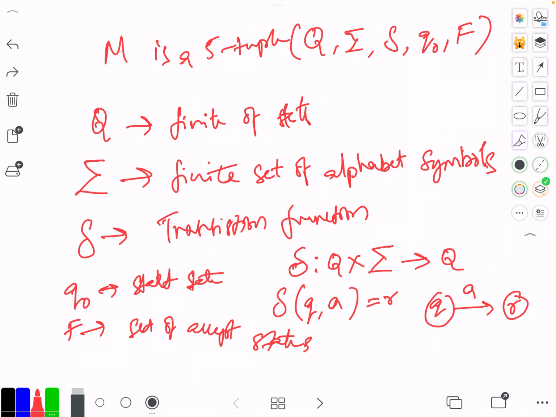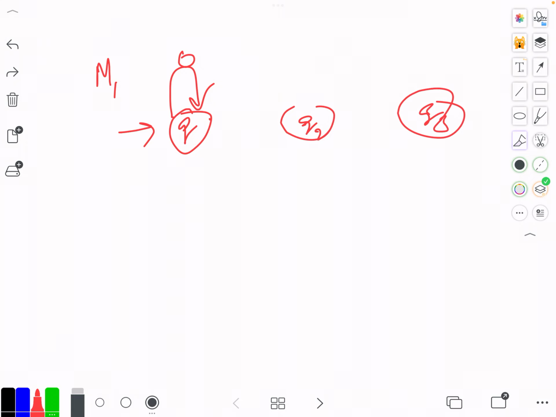Cool. So for this, I'm going to give you the same example of getting those two ones. For example, let's take M1. And you have this, and Q1, it just got started, as you can recall, 0. And Q2 and Q3.